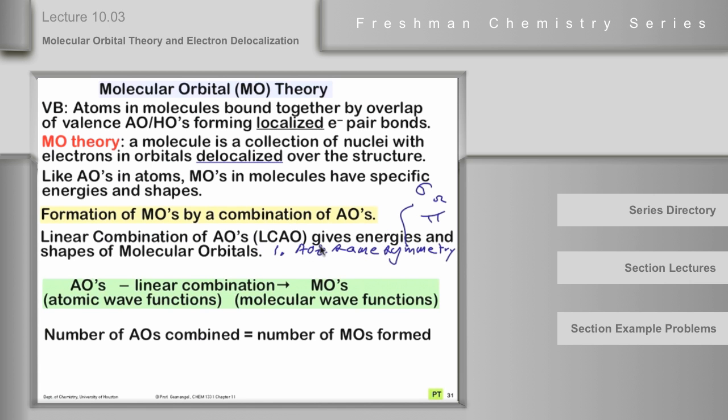And the second thing they have to have is similar energies. If they have similar energies and the same symmetry, they will combine to form molecular orbitals. If their energy is very different, then probably it's not a molecular compound anyhow. It's an ionic compound, as you would find in cases where you had a metal and a non-metal, right?